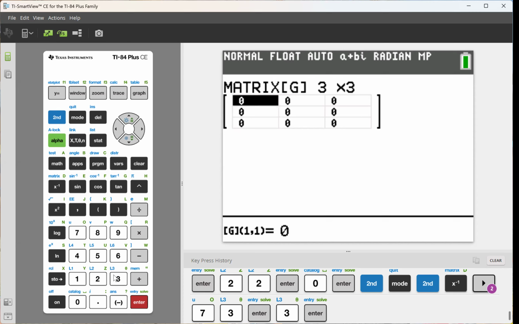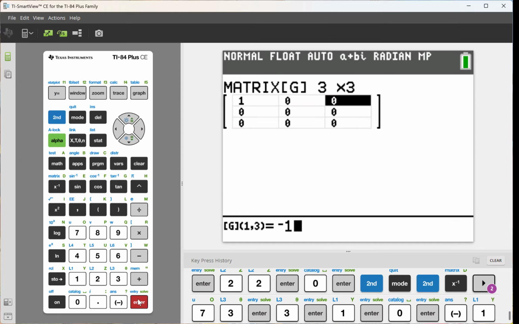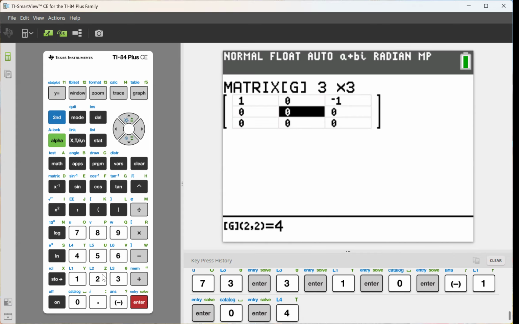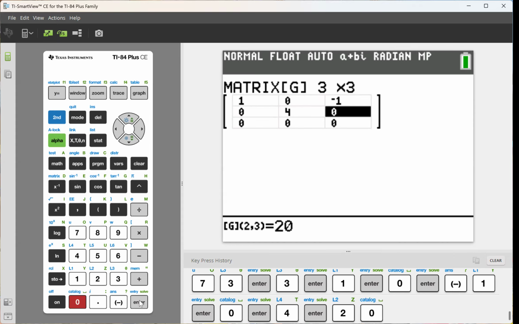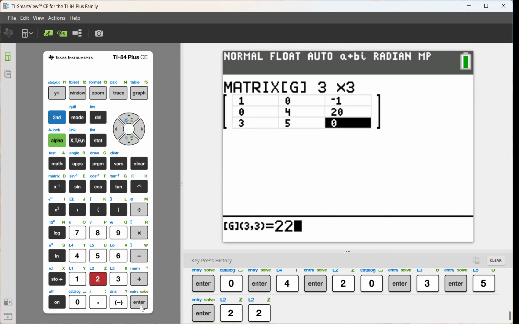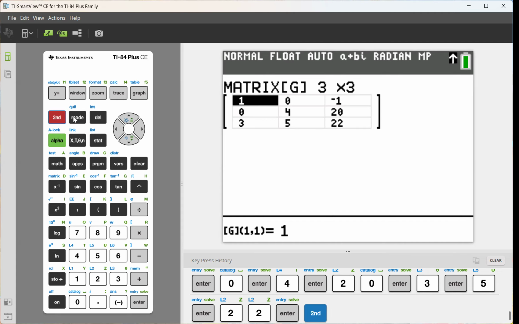And then put in the matrix. 1, 0, -1, 0, 4, 20, and then 3, 5, 22. And do a quick check. 1, 0, 3, 0, 4, 5, -1, 20, 28. Okay, so we have all the matrices in there.